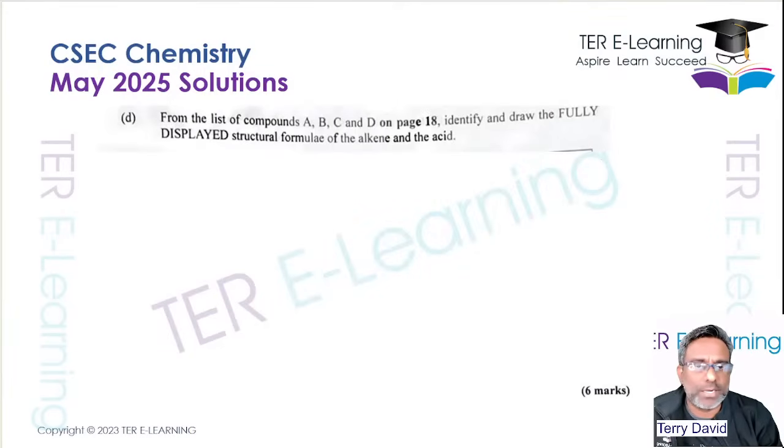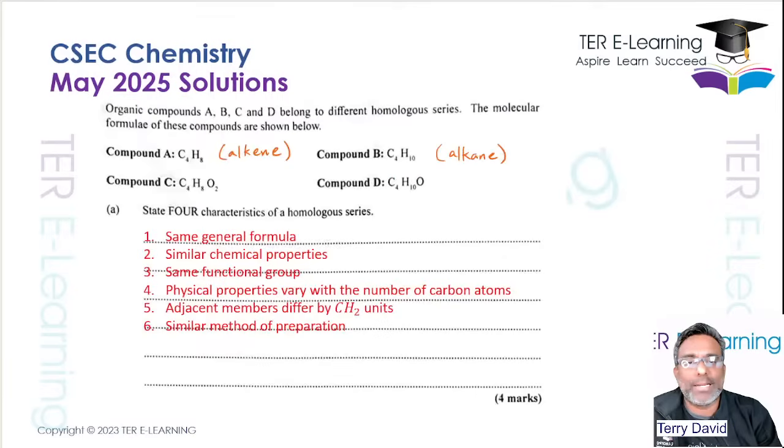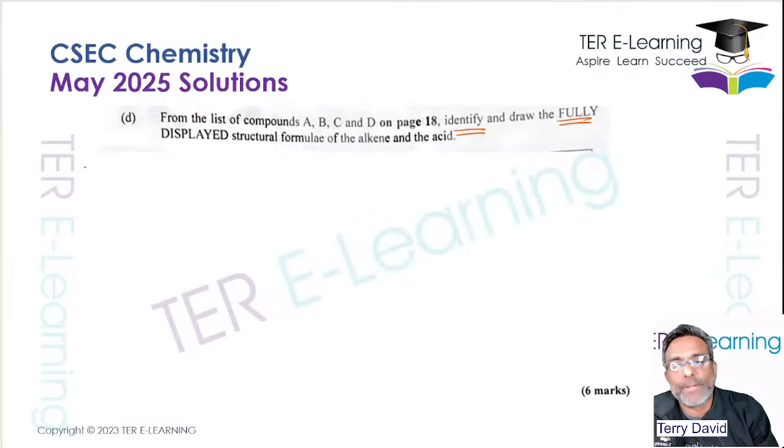From the list of compounds, identify and draw the fully displayed structure of the alkene and the acid. So we already know what the alkene is. The alkene is A, C4H8, so we have to draw it. And we need to say the name of this thing.